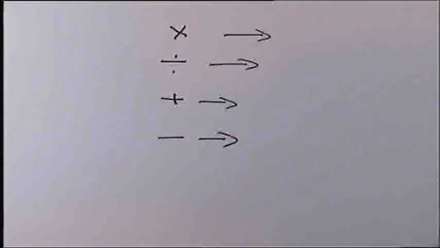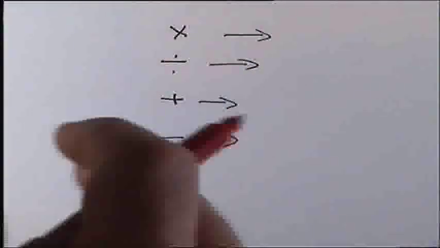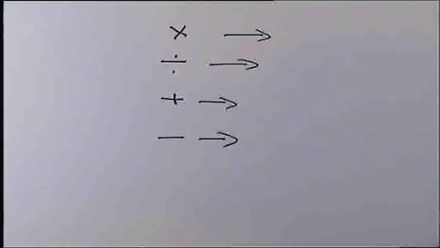And what I'd like you to do in a second is pause the video and write down on the other side of the arrow the opposite to multiplying, or the inverse of multiplying. So what is the opposite thing to multiplying? Okay, now pause the video, and when you've written down the 4 answers, then start the video again.